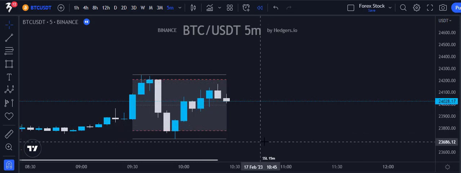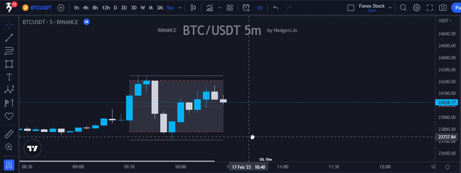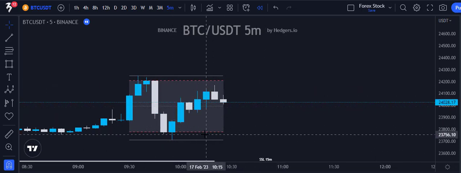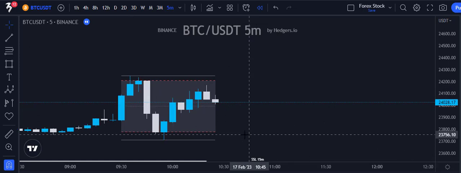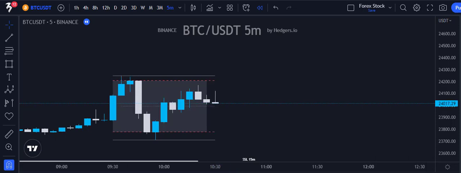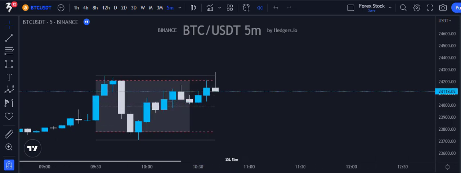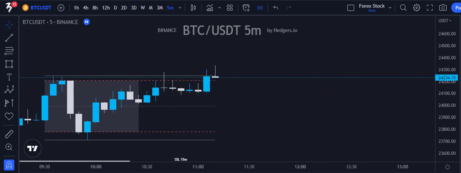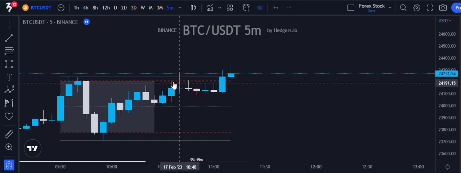At the moment, the important thing to know is the first advanced tip: when this whole 1-hour IDR has been set, you need to watch the 5-minute time frame. For example, like this, you see that has been protected. The 5-minute body has not closed above the DR high at the moment.